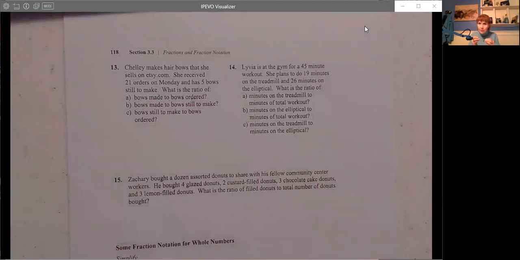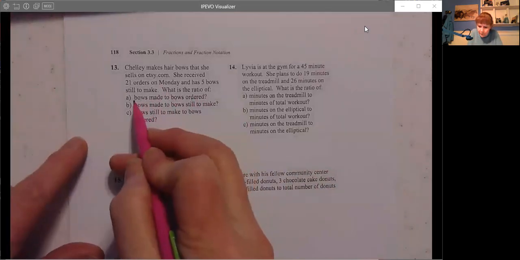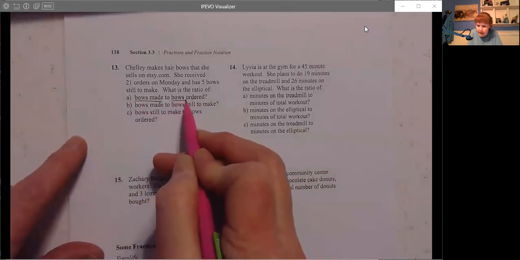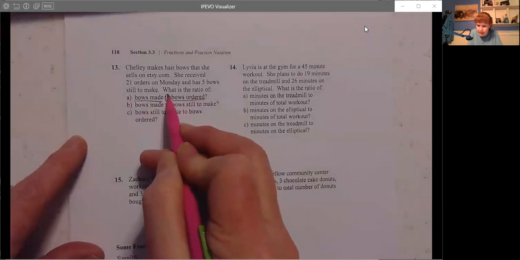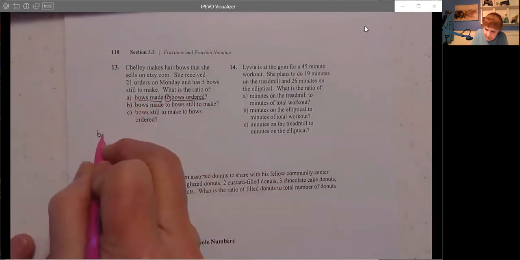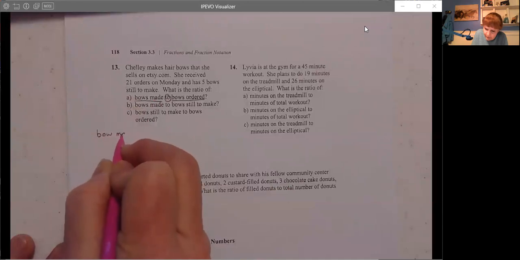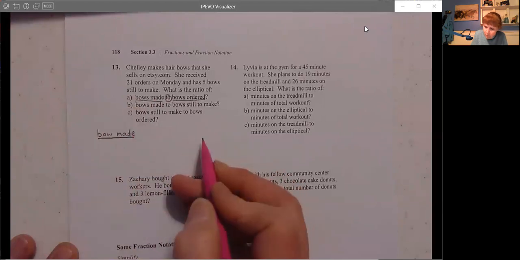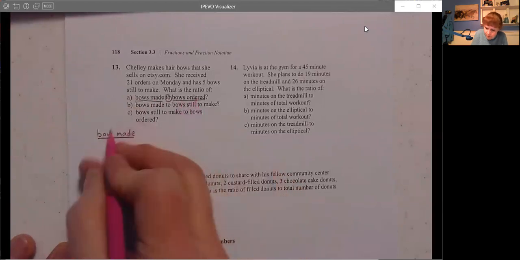Now, a ratio is a fraction. The numerator is what you read first. The denominator is after the "to." So we want bows made on top, in the numerator, over bows ordered.